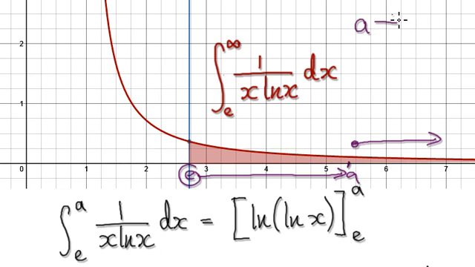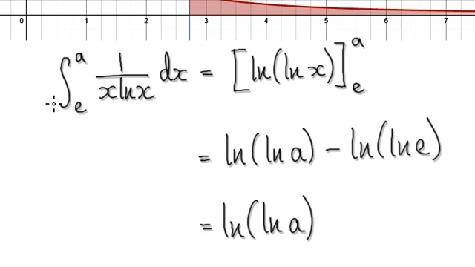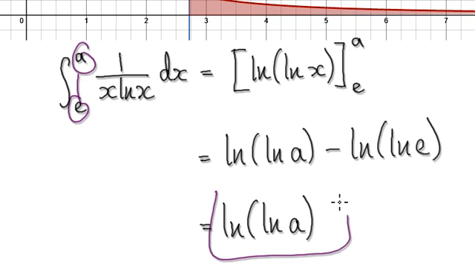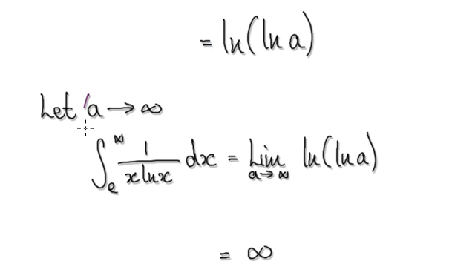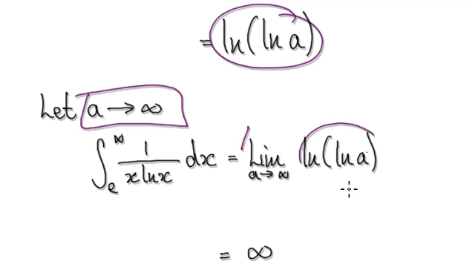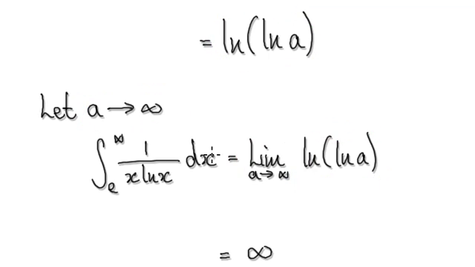So let a head towards positive infinity, meaning take the limit as a tends to infinity. When you integrate from e to a, it will give you this thing here. So now let a head towards infinity, meaning take the limit of this thing here. The minute you allow a to tend towards infinity, you are really integrating from e to infinity.